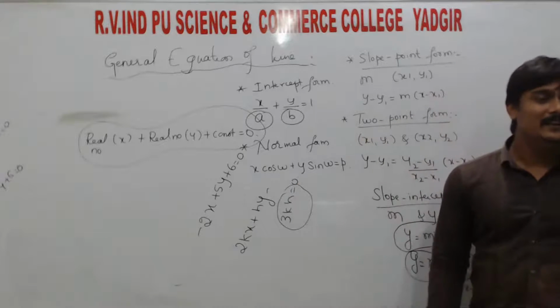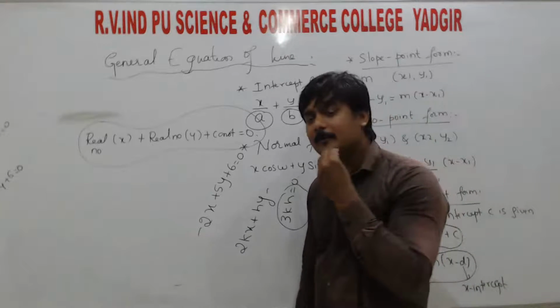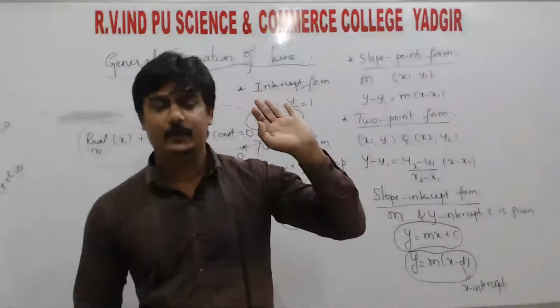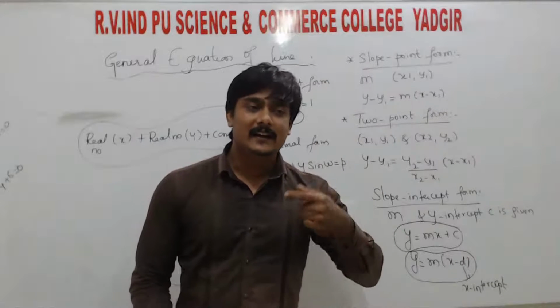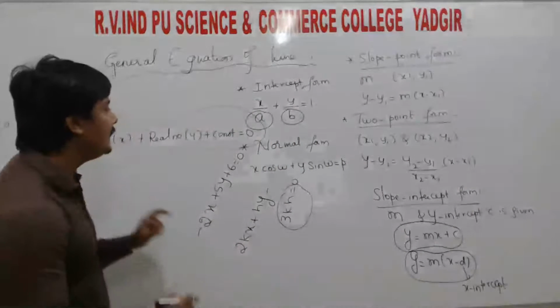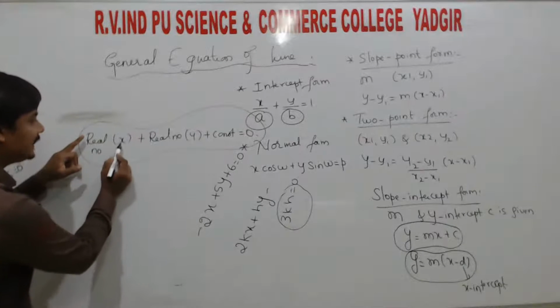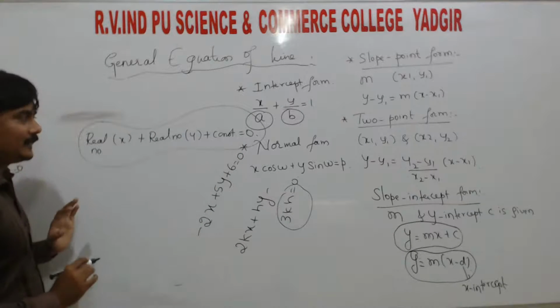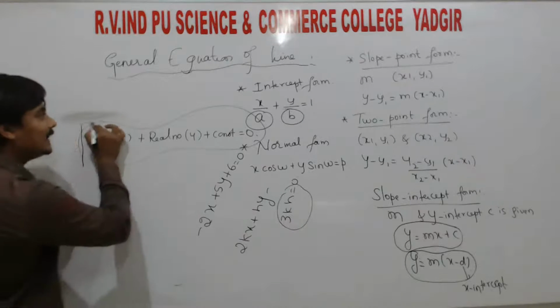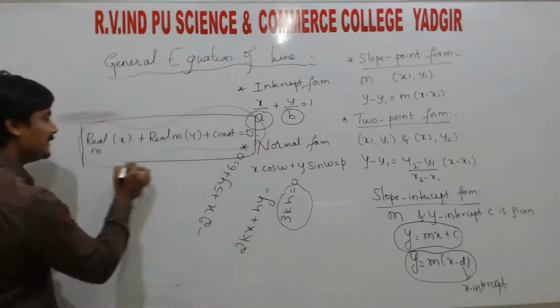So what common thing am I observing here? Whatever the form of the straight line equation I use, finally whatever straight line equation I get, I write it something like this: real number into x, real number into y plus constant equal to 0. So this is called the general equation of the straight line.